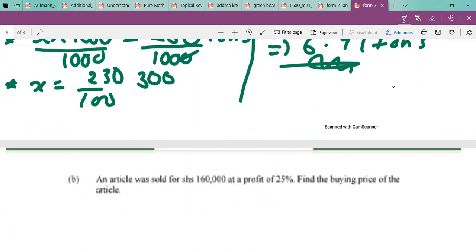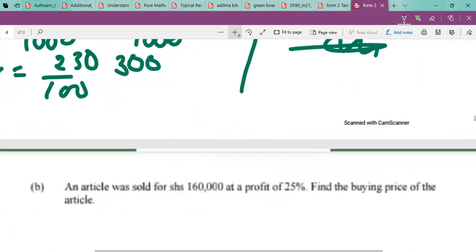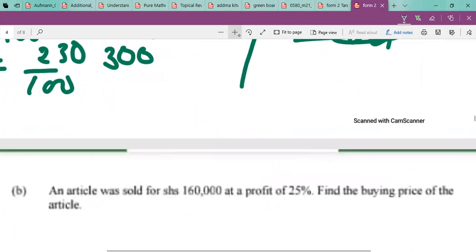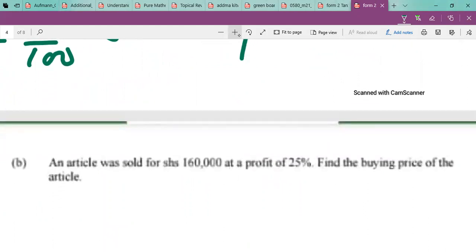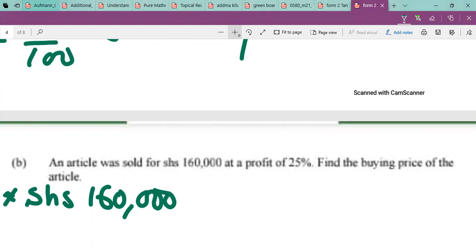Okay, so we are saying an article was sold for 160,000 shillings at a profit of 25%.